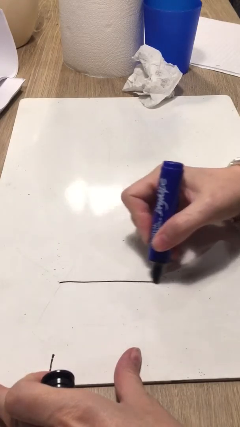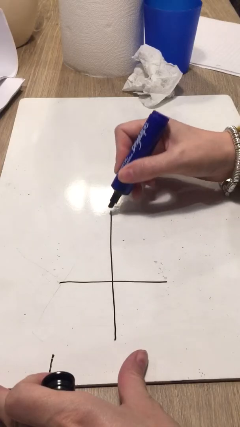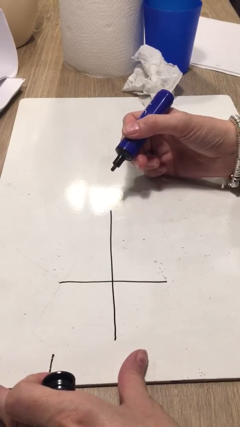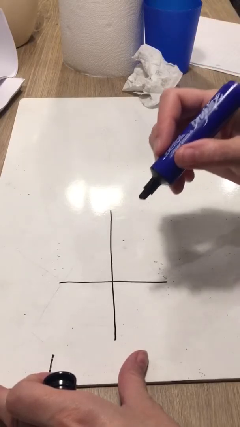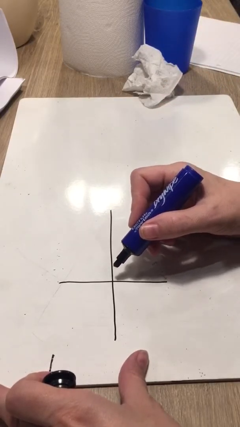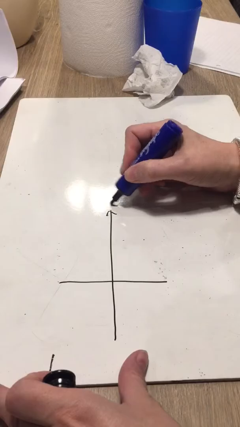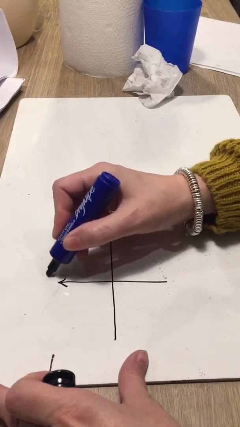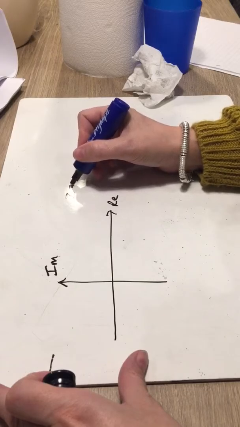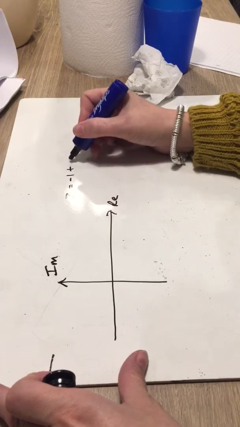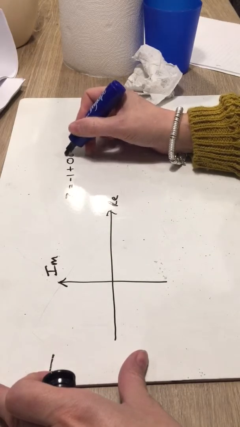So whenever you want to change something from Cartesian form to polar form, you want to sketch it on an Argand diagram. So -1, real, imaginary. Say we say z equals -1, it's really -1 plus 0i.